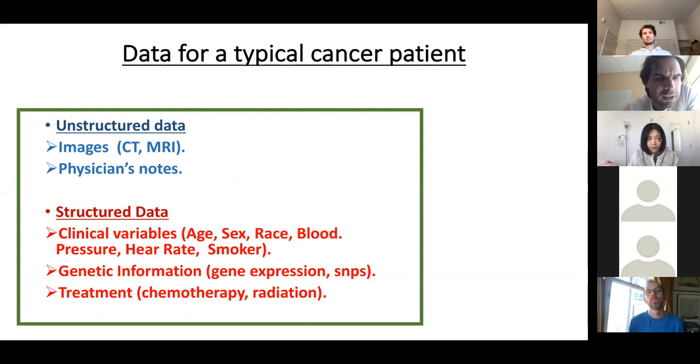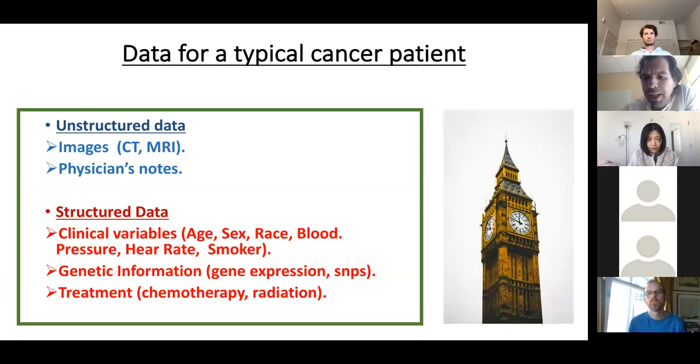They also have physician notes, which is NLP, and they have tabular data, the type of data that you can put in an Excel sheet, given by clinical variables and genetic information and treatment, etc. So medical data sets are really complex, and of course, to all of this you have to add time and how this data evolves with time, like time series analysis, missing information, every sort of problem that you could imagine, medical data sets have.